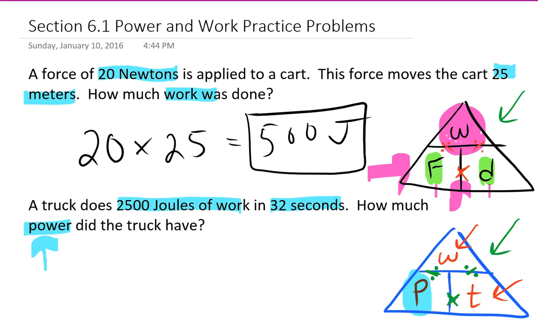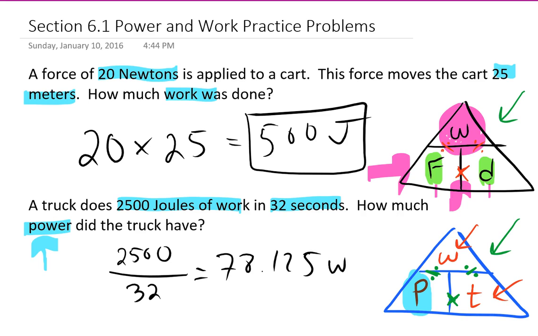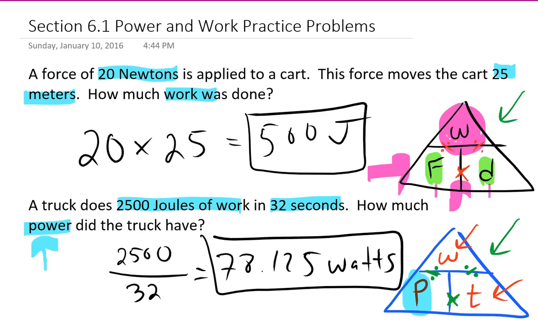In this case, that's 2,500 divided by 32 seconds, which in our calculator gives us 78.125 watts of power. Okay, so in both of these, they're just standard equation triangle problems.